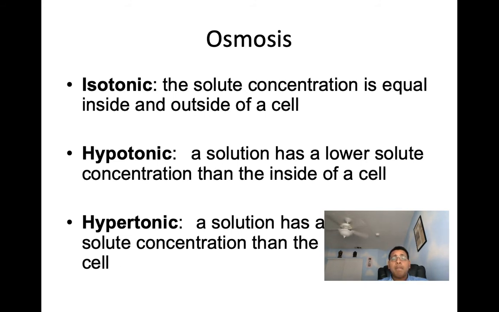Now, a 0.9% solution of the salt sodium chloride is known to be isotonic to our red blood cells. IV solutions, medically administered, usually have this tonicity. And again, it all depends on what you need. They have all different types of tonicities.